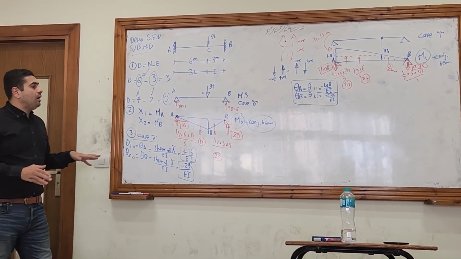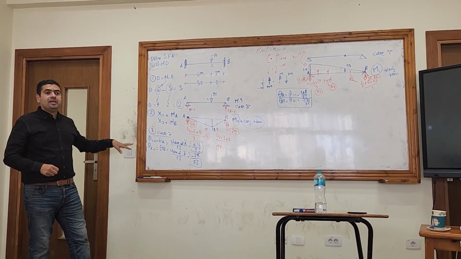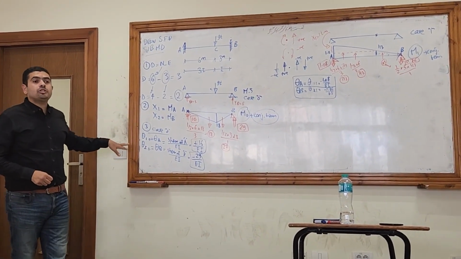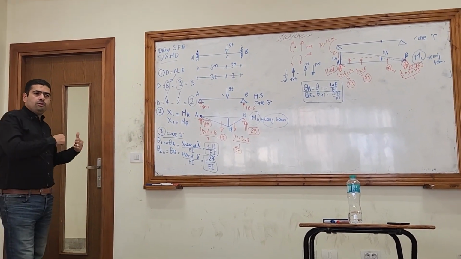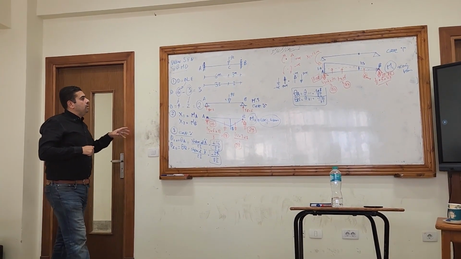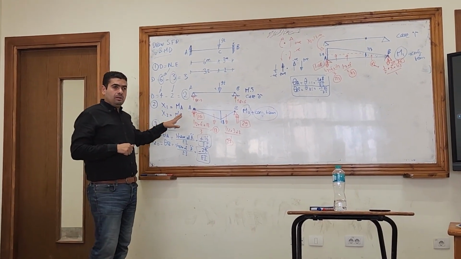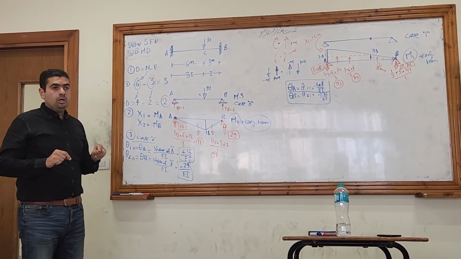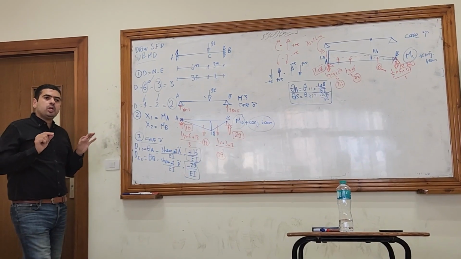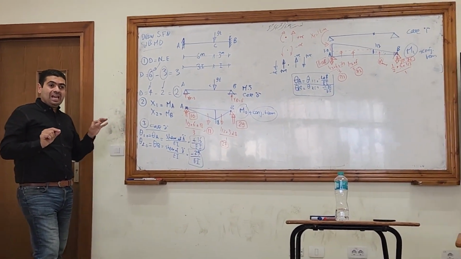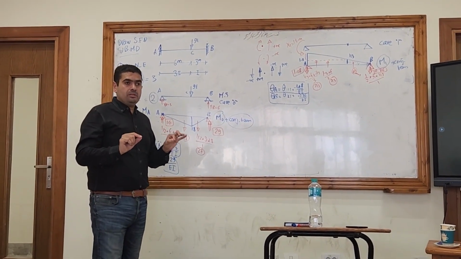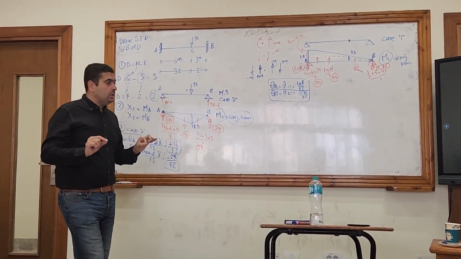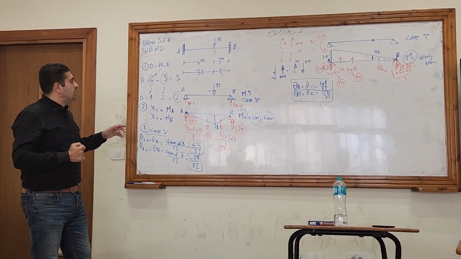Again, why am I calculating theta at A, theta at B in each case? I told you this before in the last example. In the beginning of the example, you should know what helping equations you will use. The helping equations depend on the displacements, the deformations, not the forces.